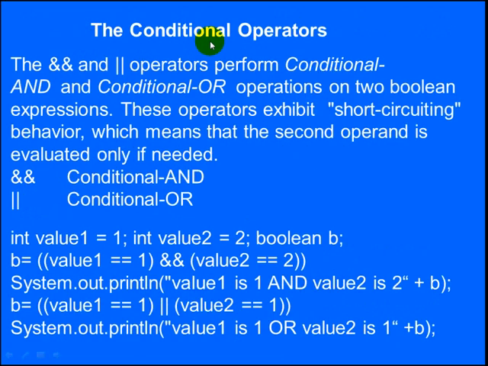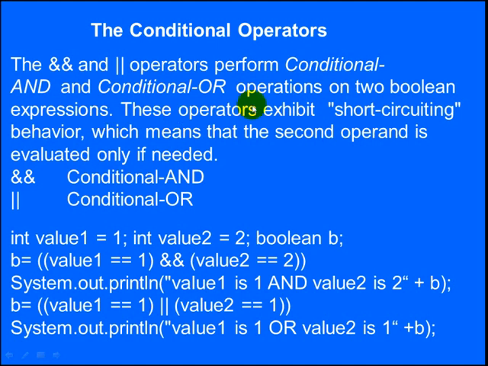Then we have the conditional operators. The logical AND and OR operators perform conditional AND and conditional OR on two Boolean expressions. We recall that a Boolean expression is an expression which after evaluation gives us either true or false.